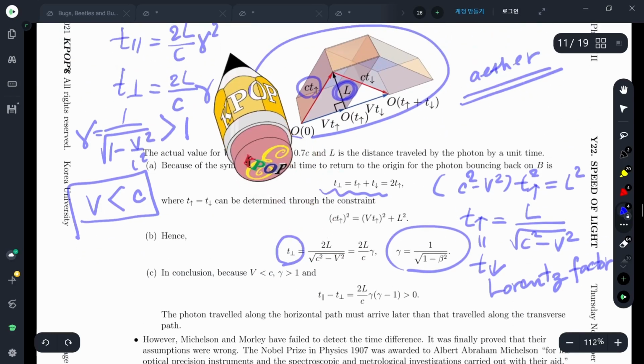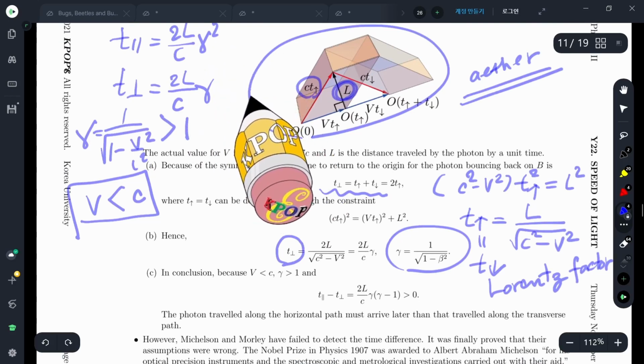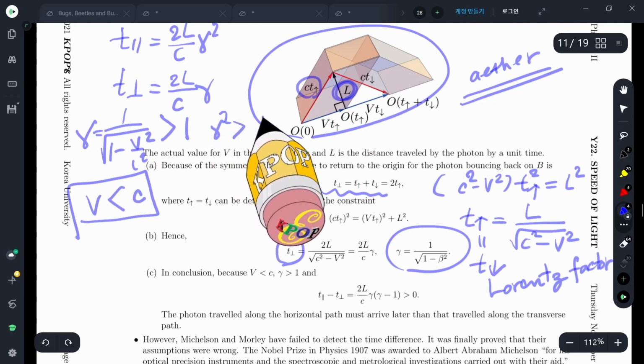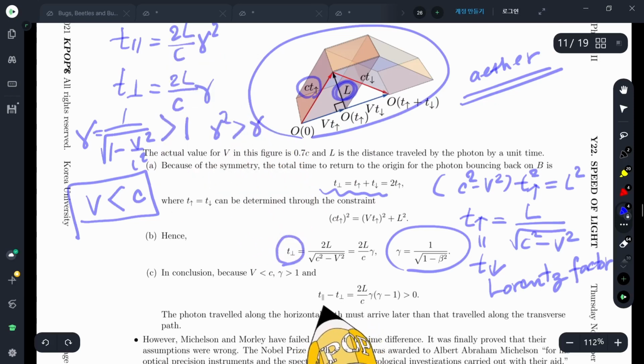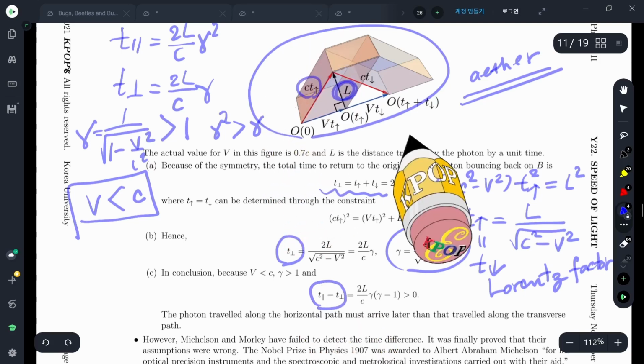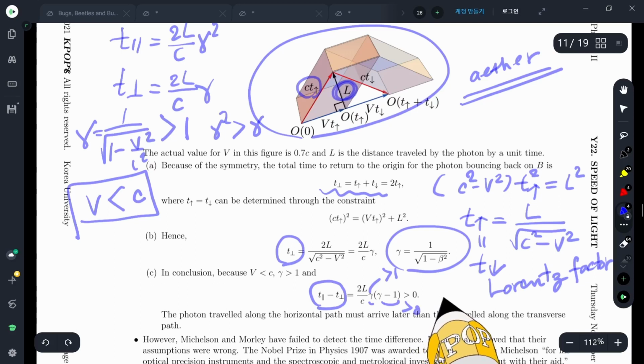That means gamma squared must be greater than gamma. If we subtract, t parallel minus t perpendicular is 2L over c times gamma times gamma minus 1. Because gamma is greater than 1 and gamma minus 1 is greater than 0, this is positive definite.